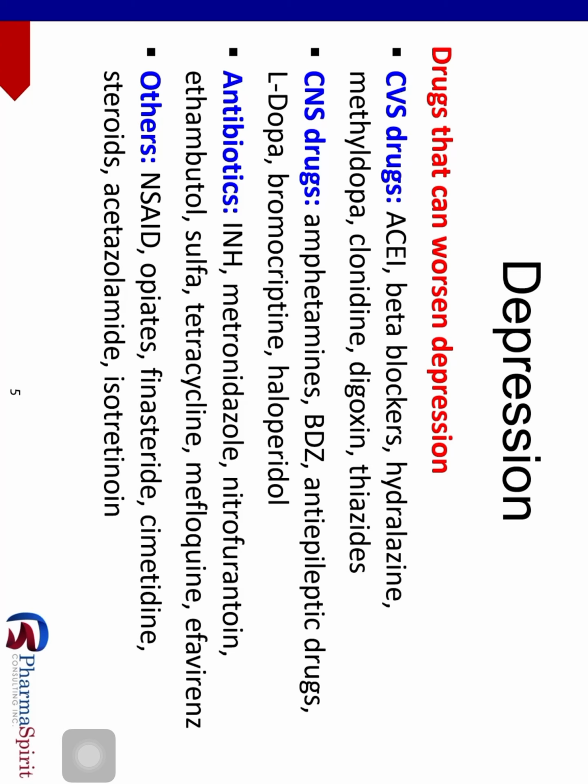Some of the central nervous system drugs such as amphetamines, benzodiazepines, anticonvulsants, L-dopa, barbiturates, bromocriptine, and Haldol or haloperidol. Some antibiotics also can worsen depression. For example, INH, metronidazole, nitrofurantoin, ethambutol, sulfa and tetracycline, and there are some other medications there. So these medications can worsen the symptoms of depression in patients who have depressive disorders.